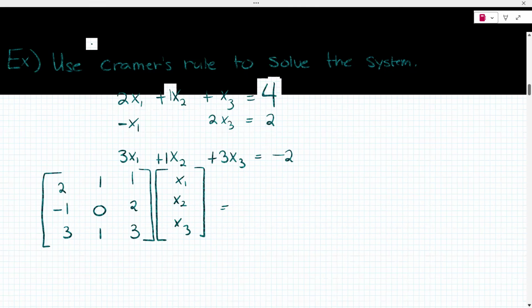So your b vector is 4, 2, -2. Okay, so this is your matrix A. This is your vector X. This is your vector B.